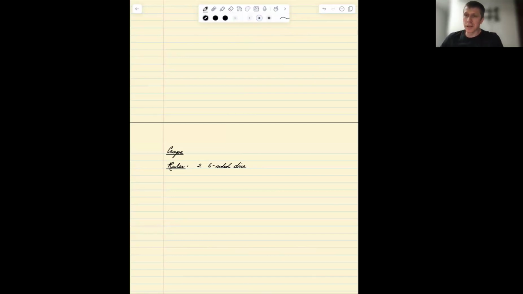I'm actually going to simplify the game because there's quite a few things you can do, but we're going to assume that we're betting on the pass line, which is a pretty standard bet.